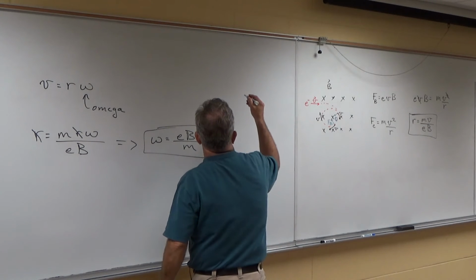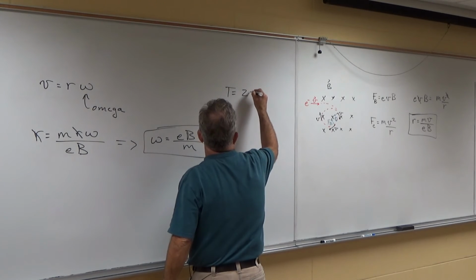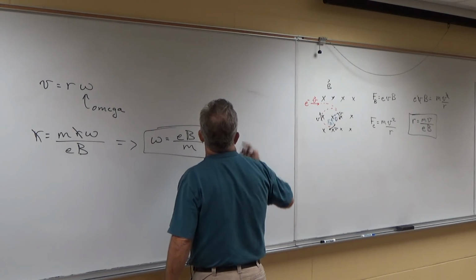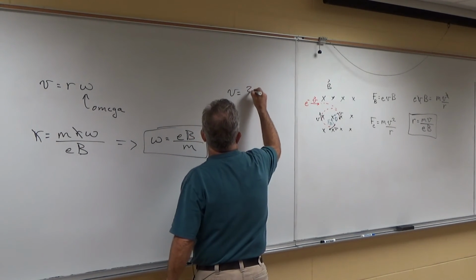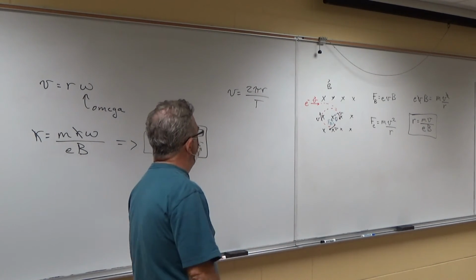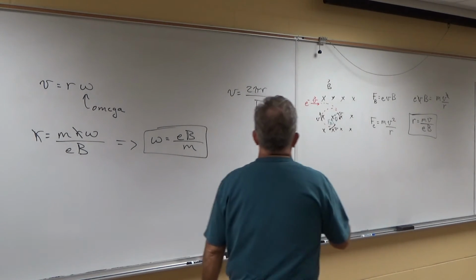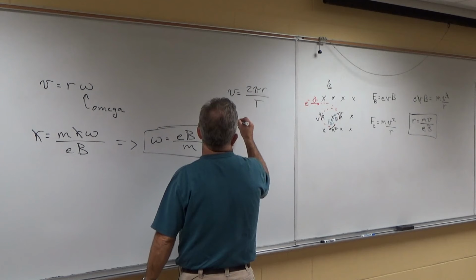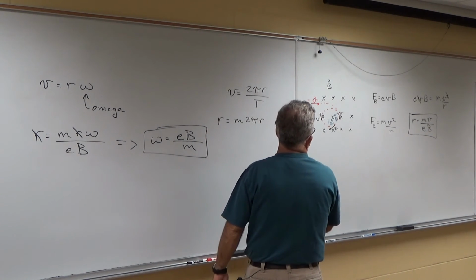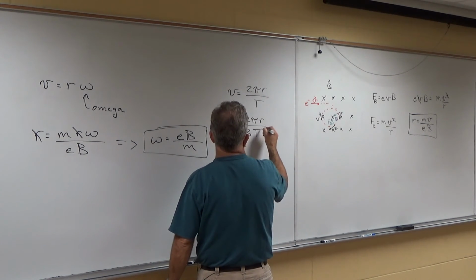Also, T is equal to what? I have to start from the other way. V is equal to 2 pi R over T, right? So we can use that, and you get R is equal to M 2 pi R over EBT.